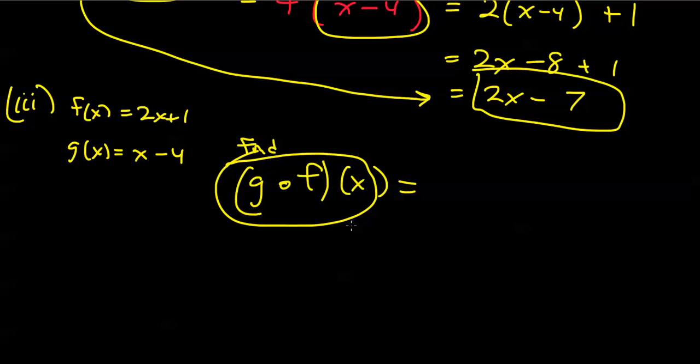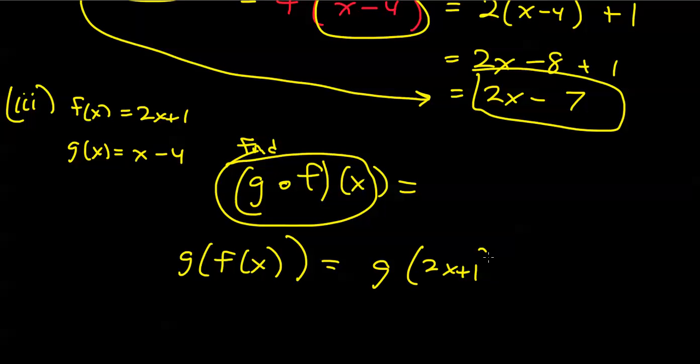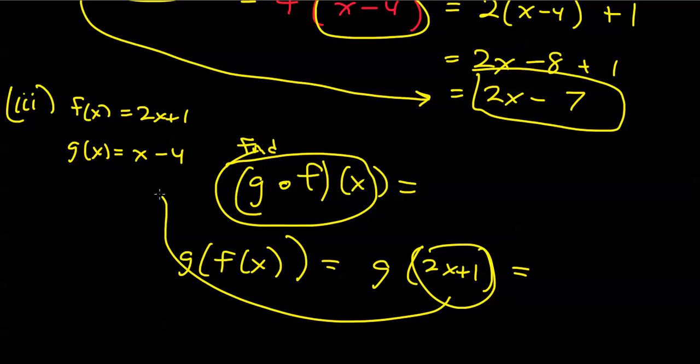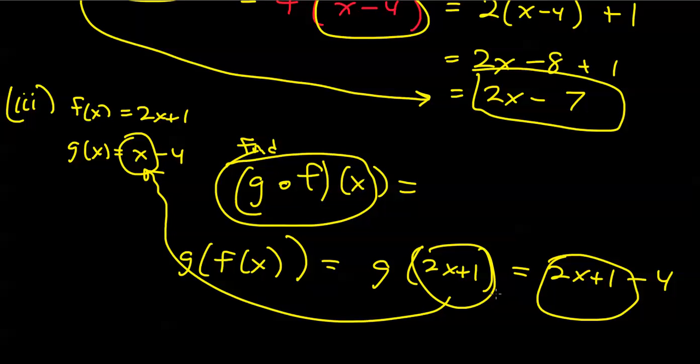Alright. G composed with f, by definition, is g of f of x. F of x is 2x plus 1. So I plug 2x plus 1 into the g machine, so to speak. Alright, so I'll get 2x plus 1 minus 4, substituting 2x plus 1 for x in the expression x minus 4, and I'll get a final answer of 2x minus 3.